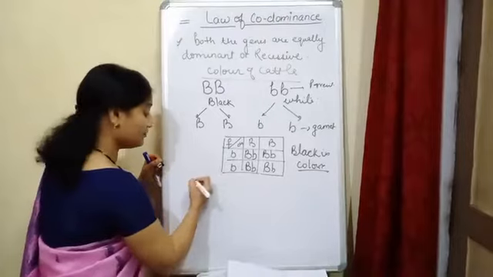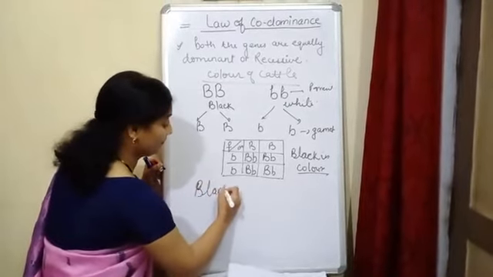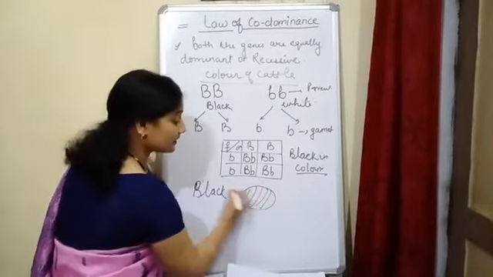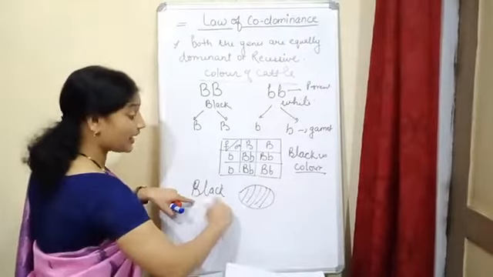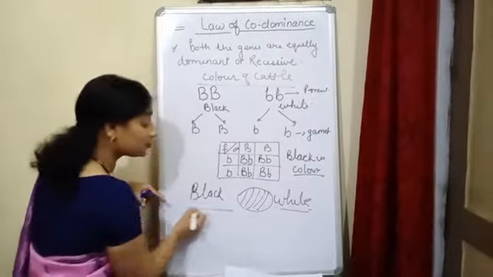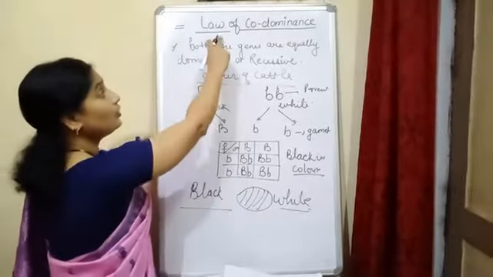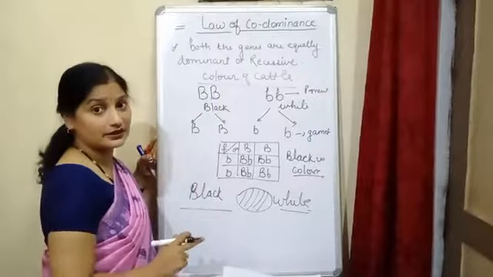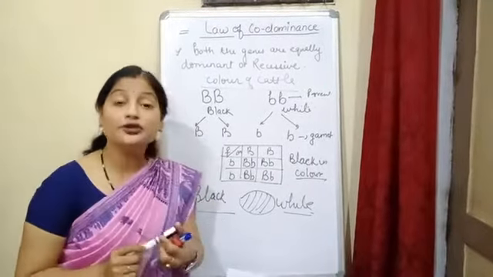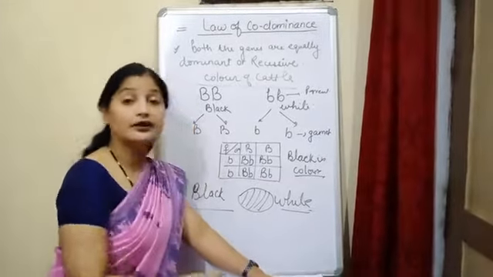In the variation, we found that along with the black body, there were white patches. So both black and white patches represent themselves together, and that's why it is called the law of codominance. Understood?